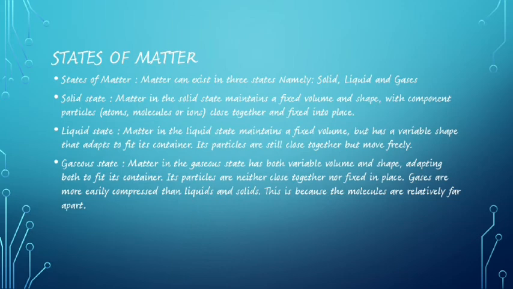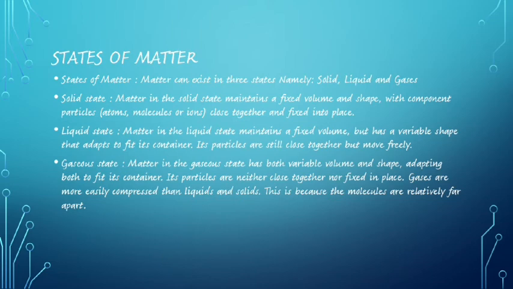Then we have the liquid state. Matter in the liquid state maintains a fixed volume too, but has a variable shape. They occupy the shape of the container in which they are kept. So particles in a liquid move freely a little bit, compared to the solid.